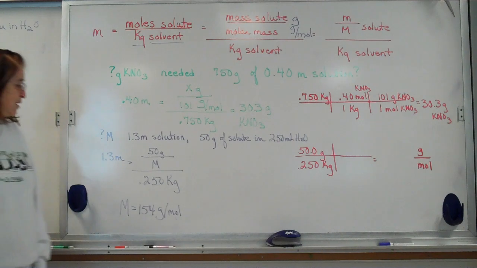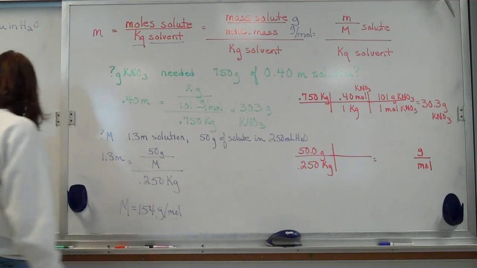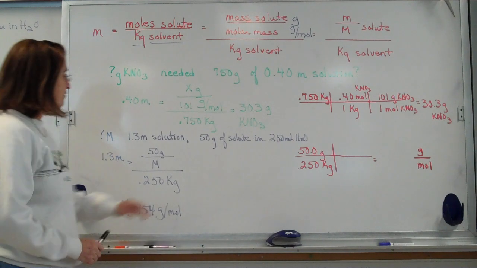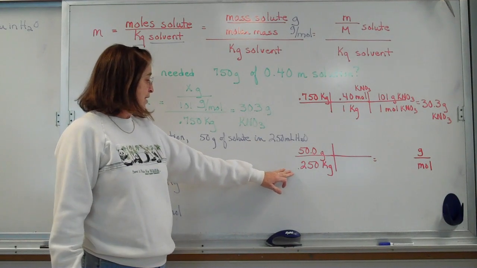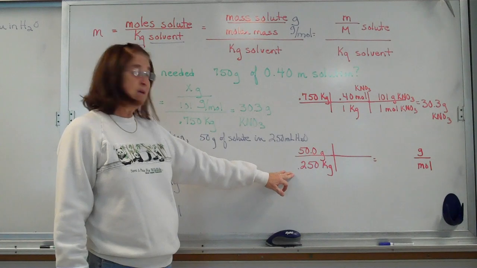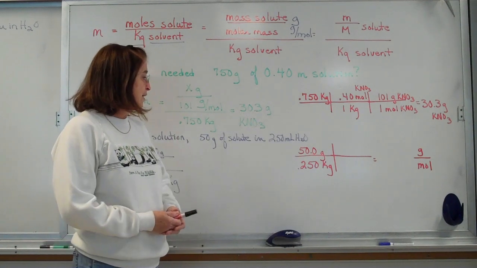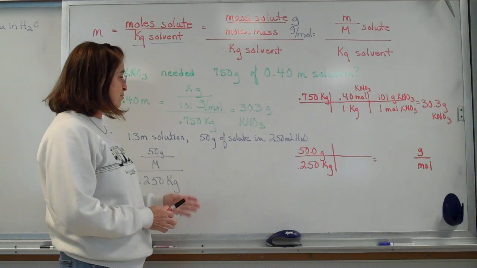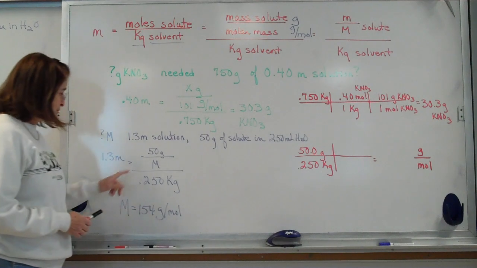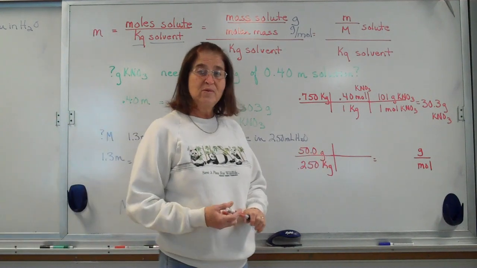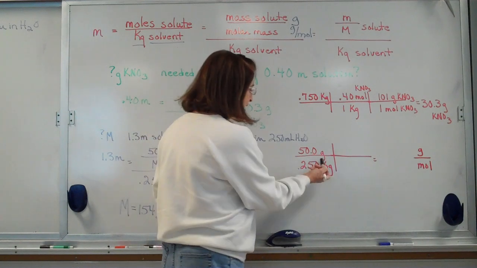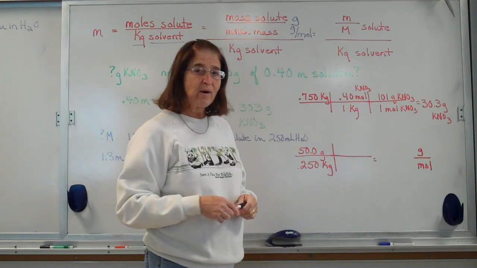A better way of working the problem, let's look. What if we were to take the information that we have 50 grams of our solute in 0.250 kilograms of water? Now, I'm wanting to get to the molar mass. Molar mass, big M, is in units of grams per mole. So look, I already have the grams here in the numerator.